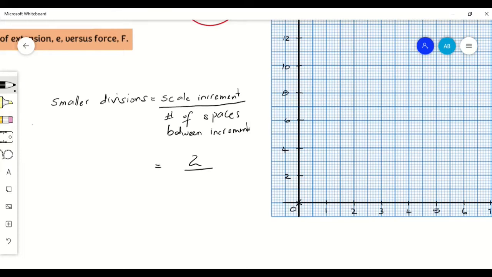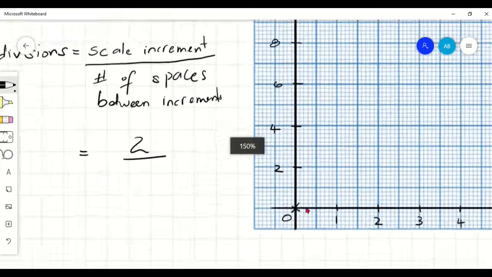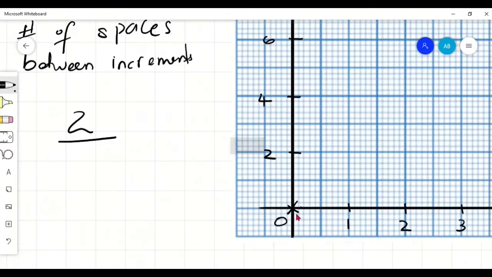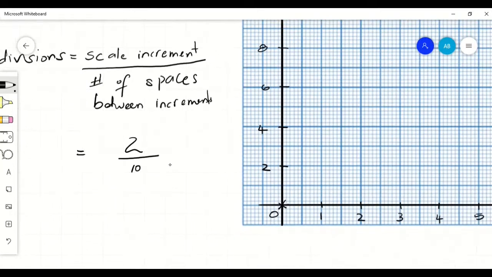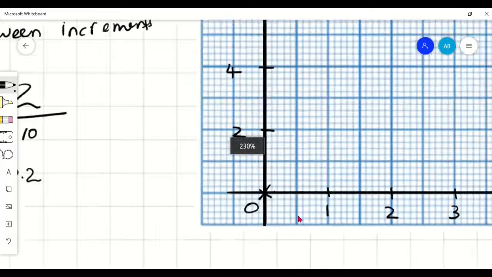And the number of spaces, I can zoom in to show you that. 1, 2, 3, 4, 5, 6, 7, 8, 9, 10. So that's 10. And we know that 2 divided by 10 gives us 0.2.